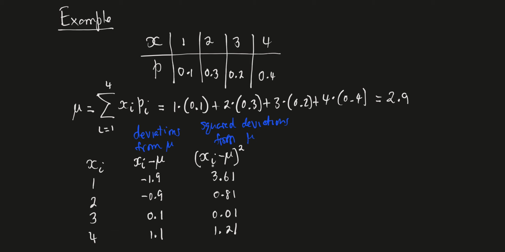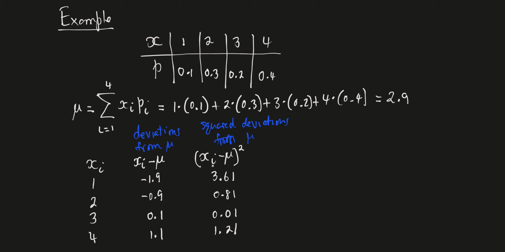And then finally, take the squared deviation of 4 from the mean, which is 1.21, and multiply it by our last probability, the 0.4. And that gives us 0.484. So now, if I take this final column and sum it up, that will give me the variance.